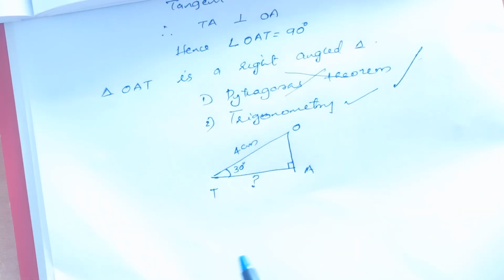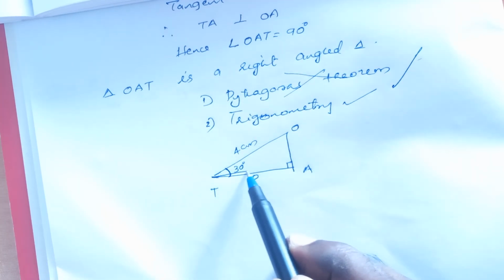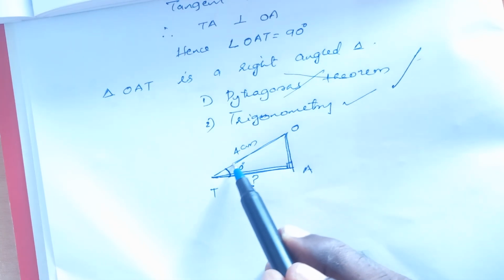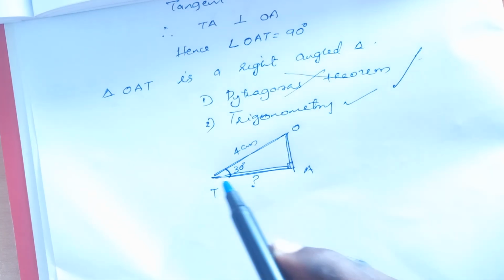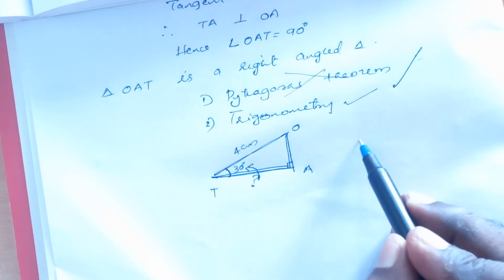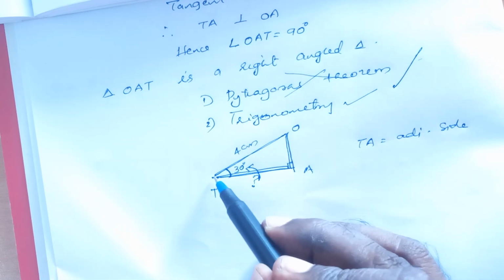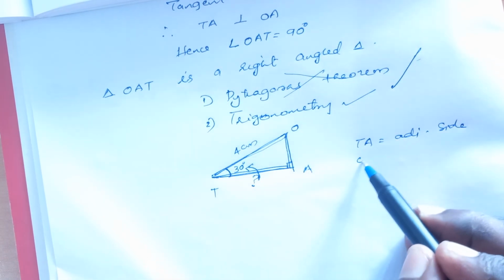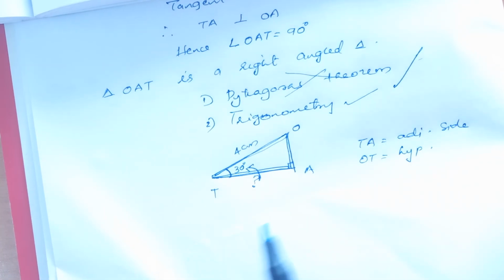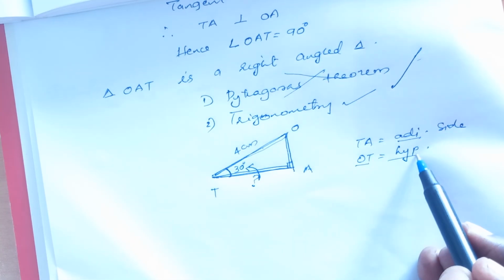Now, as we already learned about adjacent side, opposite side and hypotenuse, TA is adjacent to 30 degrees, so TA is the adjacent side. OT is the longest side, which is the hypotenuse. So our required side is TA, the adjacent, and the given side is OT, the hypotenuse.